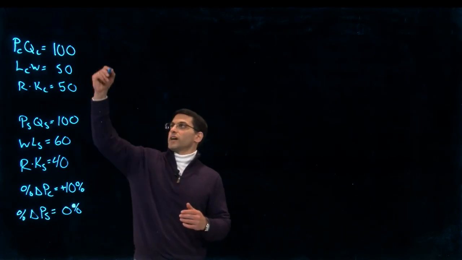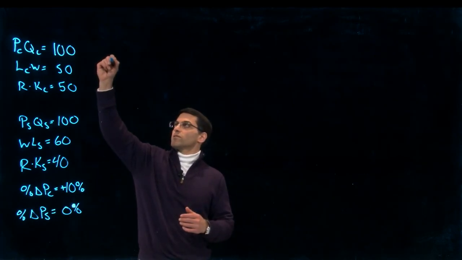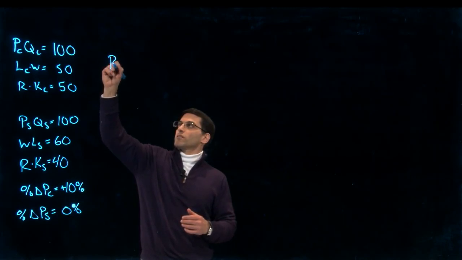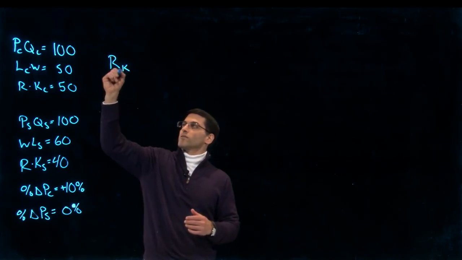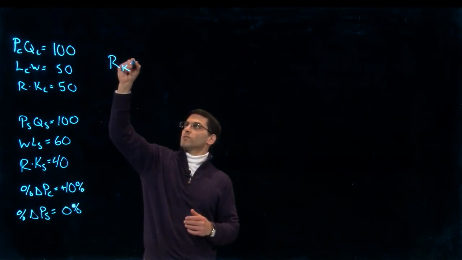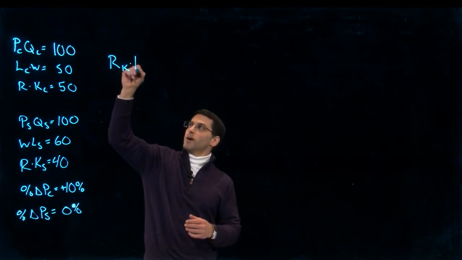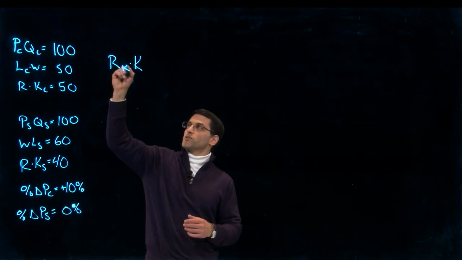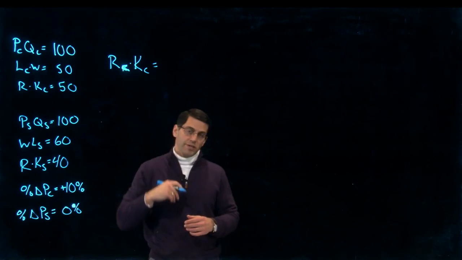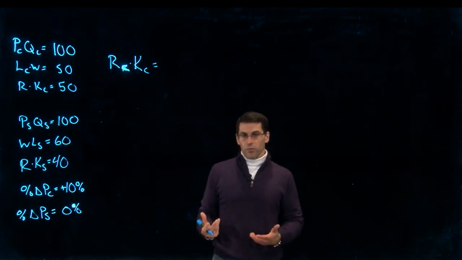And we recognize that the rental rate for capital times the amount of capital, actually I'll just use C's here, the subscript, because there's only one rental rate. So R, C, K, C, what is that? So that's total payments to capital in the computer sector.